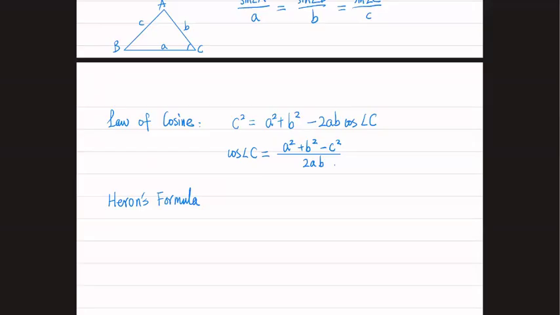So again, we have a triangle with 3 sides. For this new formula, we introduce a quantity called the half perimeter.